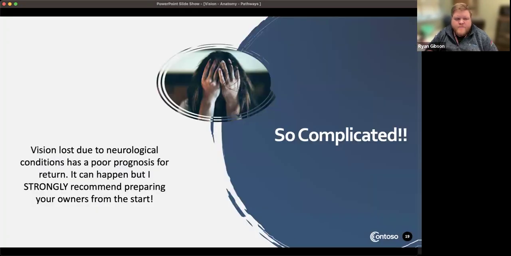Now, I want to point this out to you, and we'll reiterate this as we get into more clinical things in future years. When you lose vision due to neurological conditions, it is really, really hard to get vision back. Why? Because look how complicated this stuff is, right? That was just the receptor.